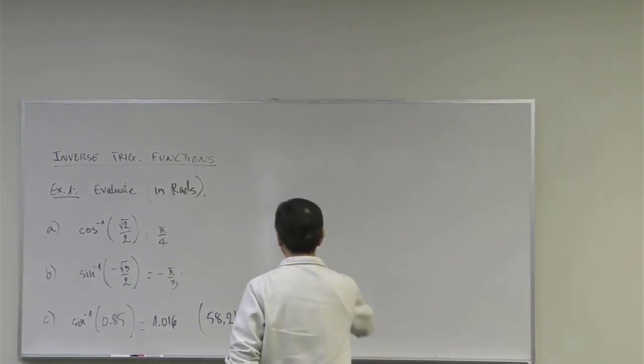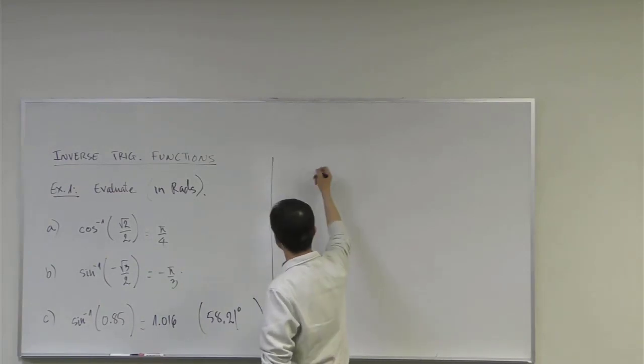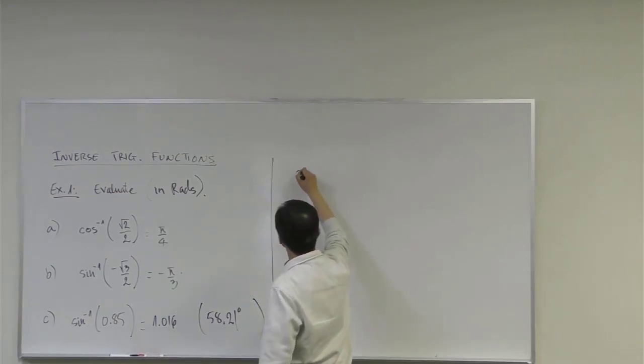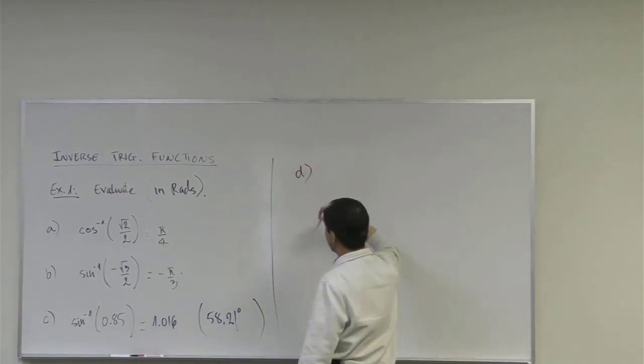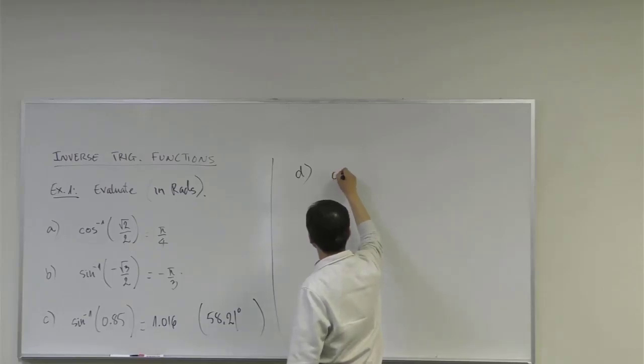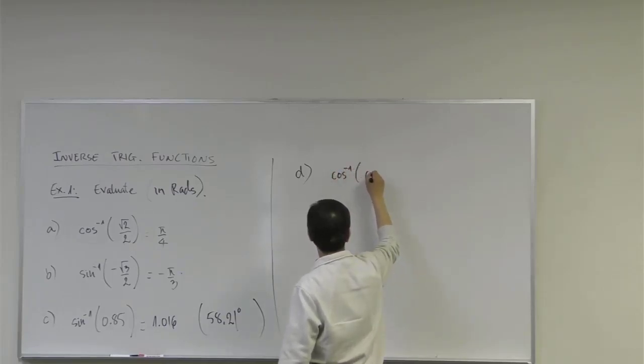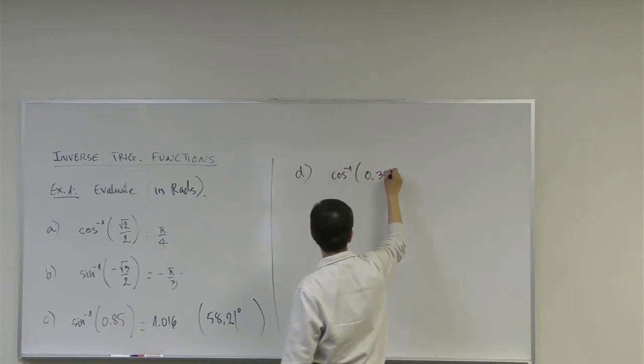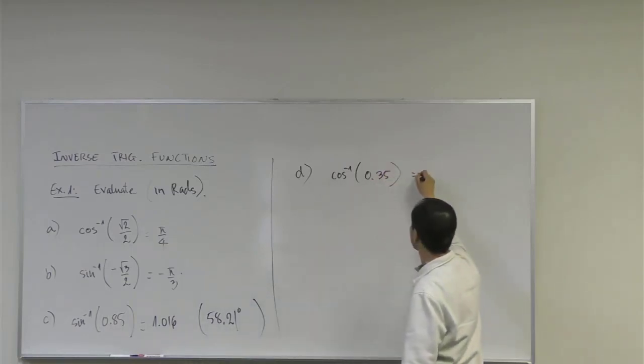So once again, coming back to that, part G here. Let's look at cosine inverse of 0.35.